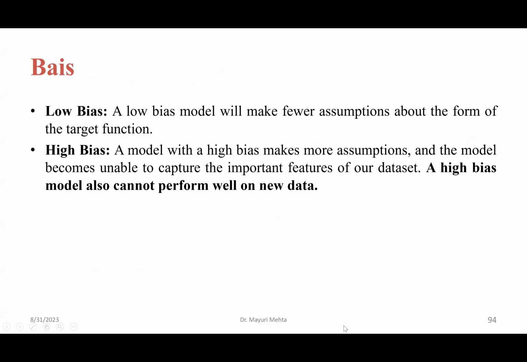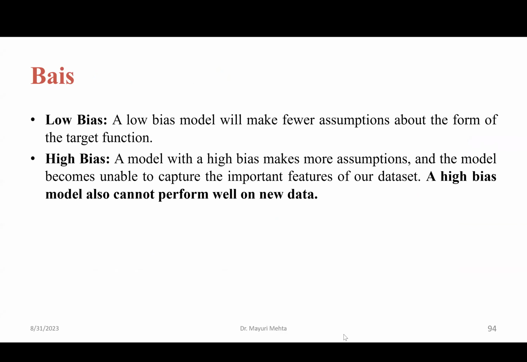So what is low bias and what is high bias? A low bias model makes fewer assumptions about the form of the target function, and a model with a high bias makes more assumptions, and the model becomes unable to capture the important features of our data. So a high bias model also cannot perform well on new data.